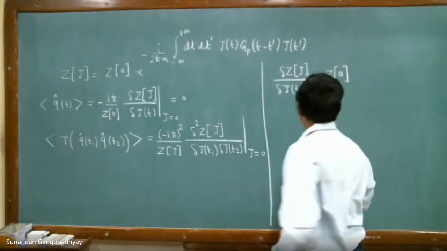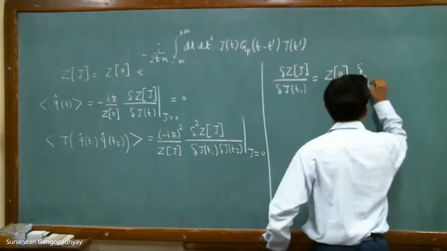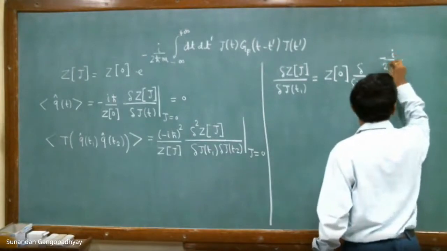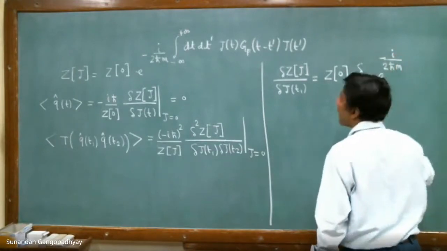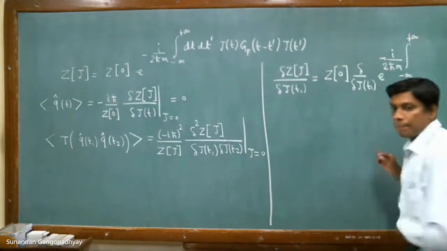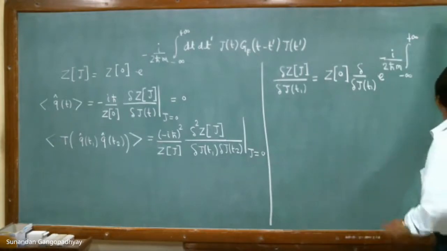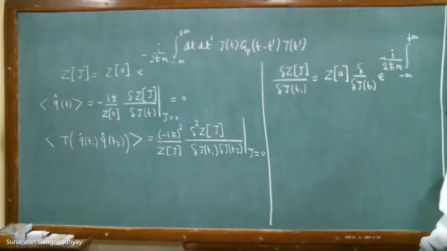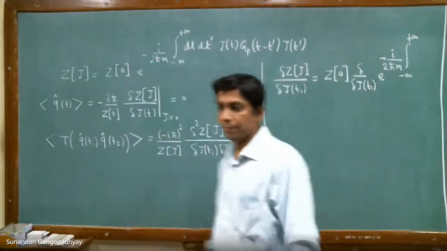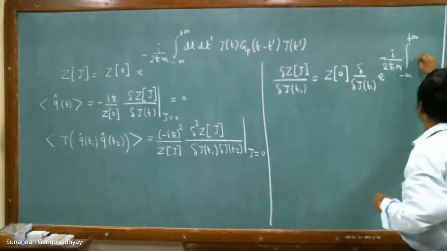Then it will be basically del J t1 of e to the power of the full expression.